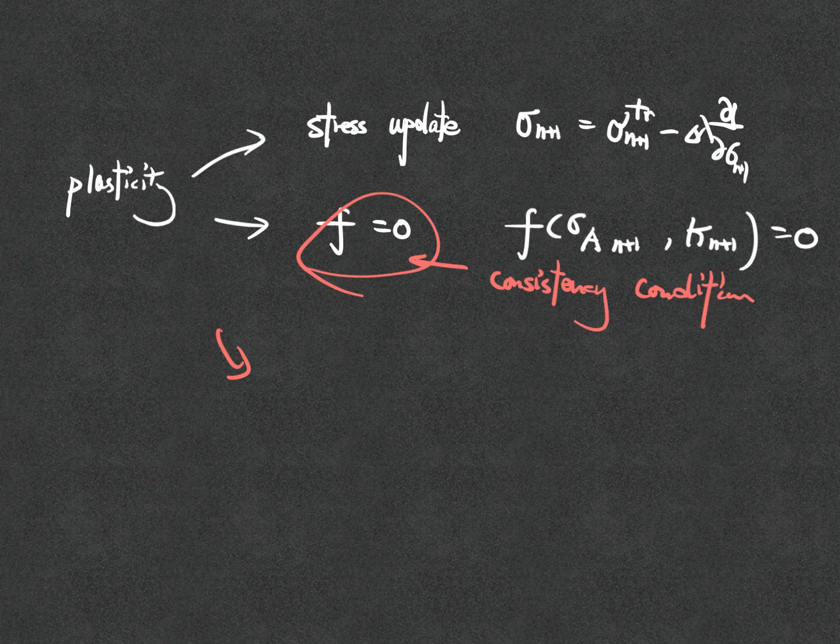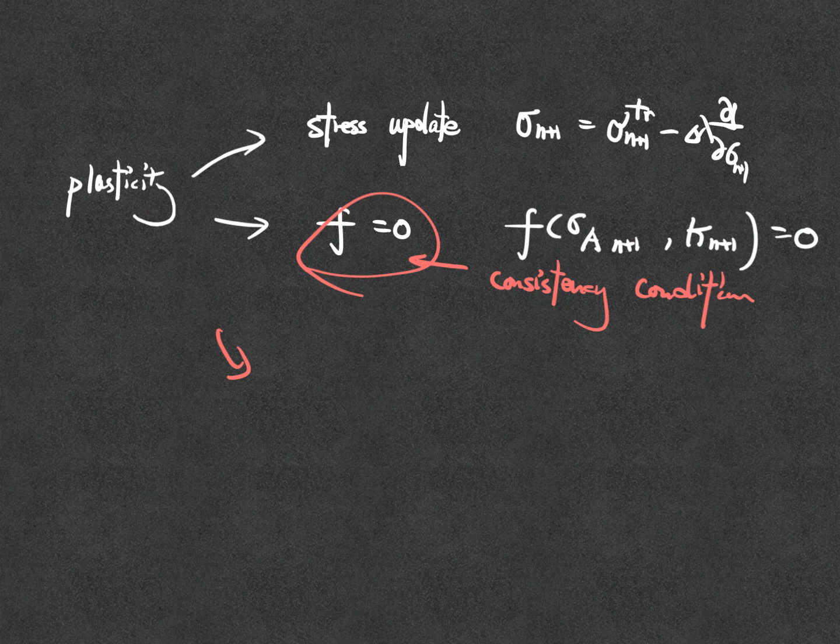I actually wrote a function. We wrote a function so that K, the yield radius, is a function of epsilon p, right? What is K? It is the radius of the circle of the J2 in π-plane, right? Or I can write the back stress as some kind of function of epsilon p. Alpha is the back stress, which is actually the center of the circle. I can move the circle, and I need to provide it some governing law.